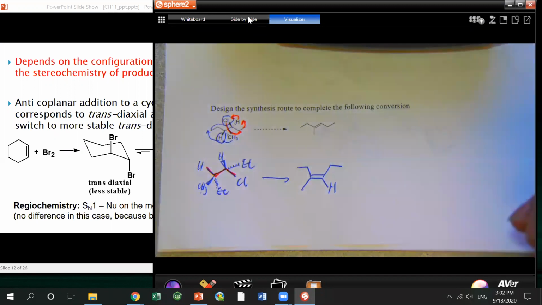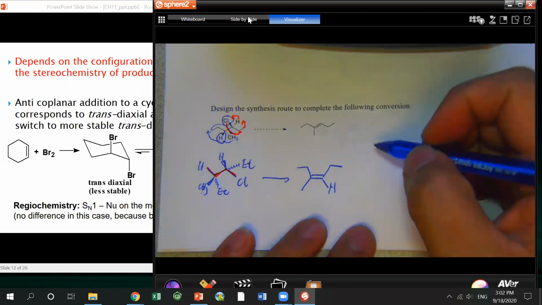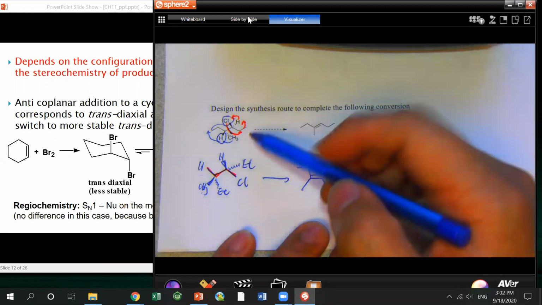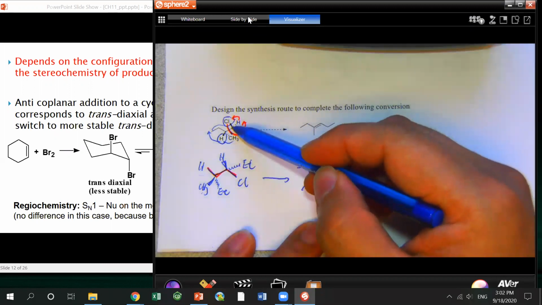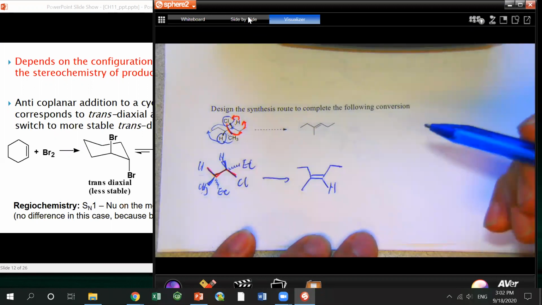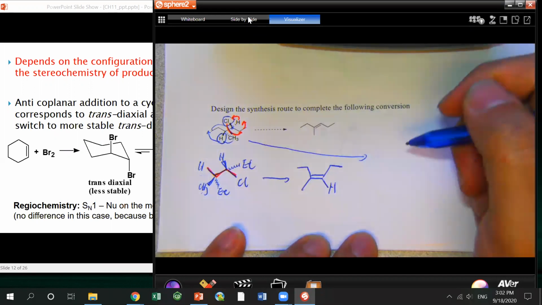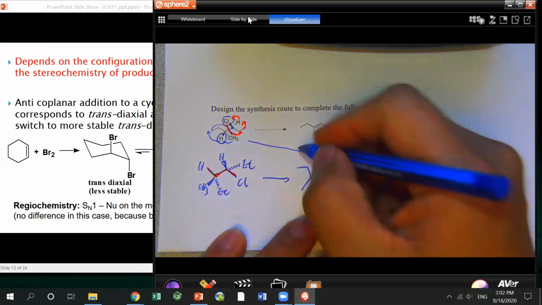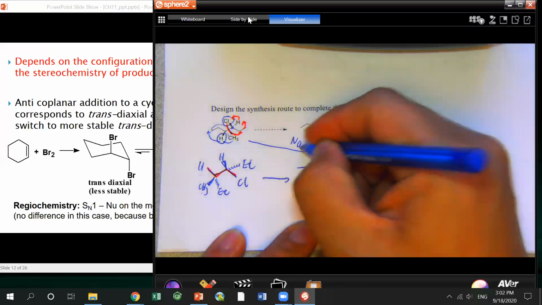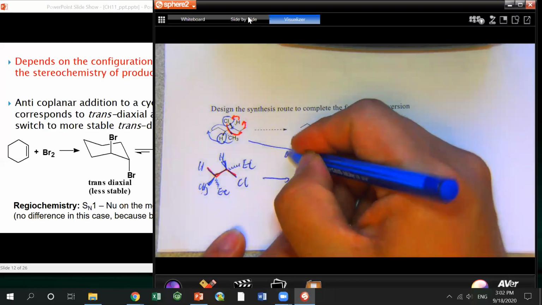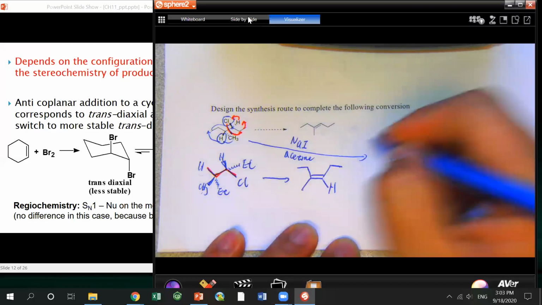So if you really want to get the desired stereochemistry, you need to change the stereochemistry of this carbon. That is pretty easy. We learned that we can do a halogen change, so sodium iodide in acetone.